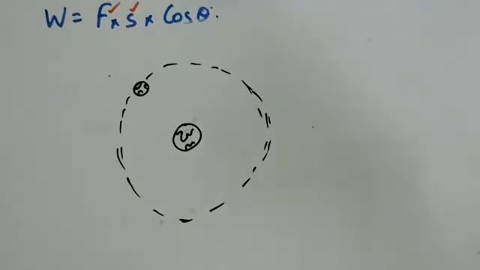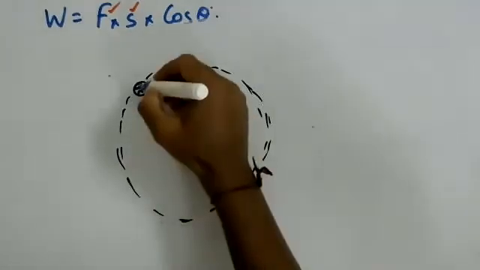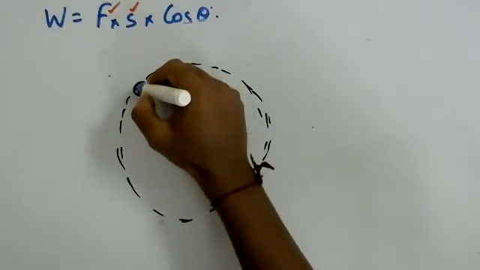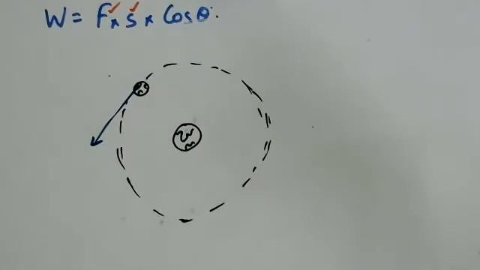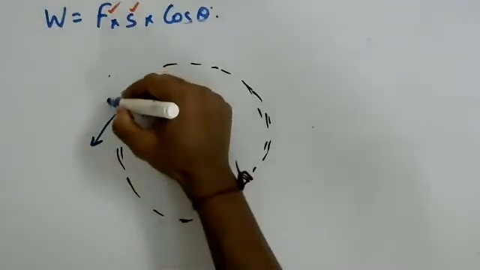So now, just from our discussion of forces and circular motion and centripetal force and so on, you told me that instantaneously the velocity of the moon is in this direction. So therefore, you can also say the displacement is also in this direction.